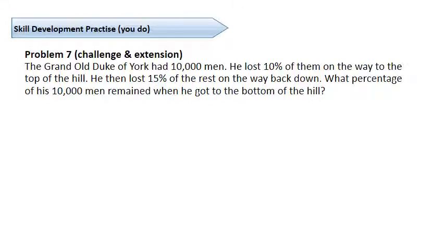So he started with 10,000 men and he lost 10% of them. So let's minus off 10% as a decimal, 0.1. So we're going to find 10% of 10,000. We're going to minus that from the original number of men he had, 10,000.